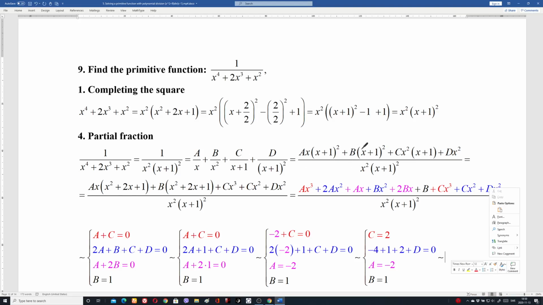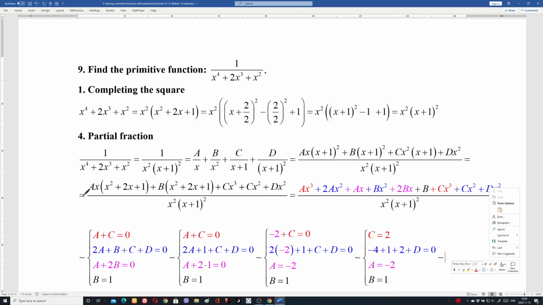And it is the same for the b: the first one squared plus 2x plus 1, inside parentheses. And cx^2, we can do directly: c multiplied by x is cx^3, plus cx^2 multiplied by 1 is cx^2, plus dx^2.